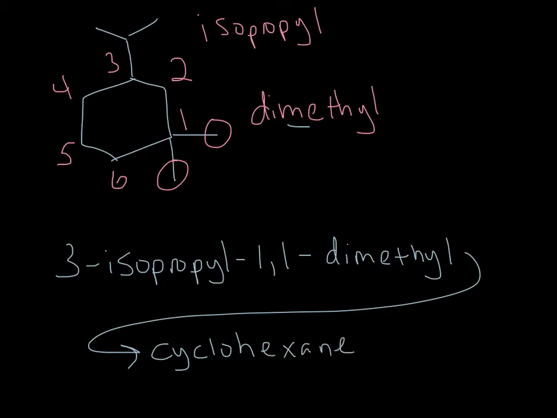So I have 3 substituents, so I need 3 locants, 3 numbers to tell me where those substituents are. It doesn't matter that the methyls are on the same carbon, I need to indicate where they are. If there's a dimethyl, there should be 2 locants out in front of that. So this molecule is 3-isopropyl-1,1-dimethylcyclohexane.